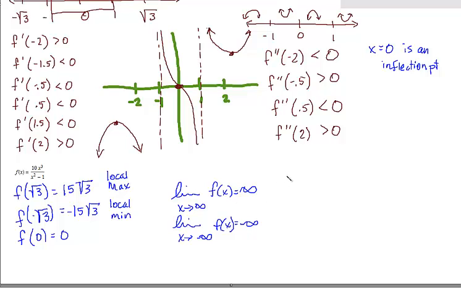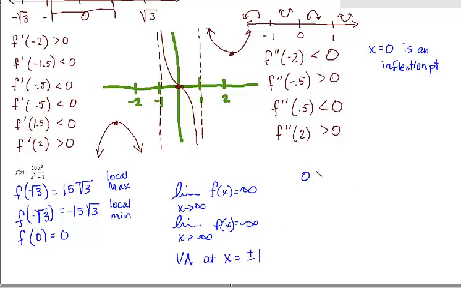When there are vertical asymptotes, we discussed it, 1 and -1. So I'll write vertical asymptotes at x = positive or negative 1.